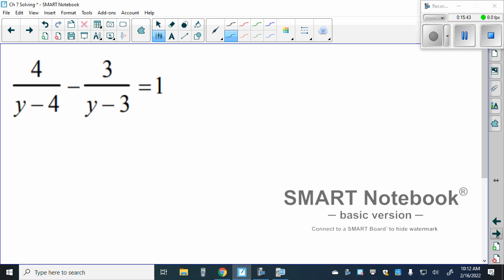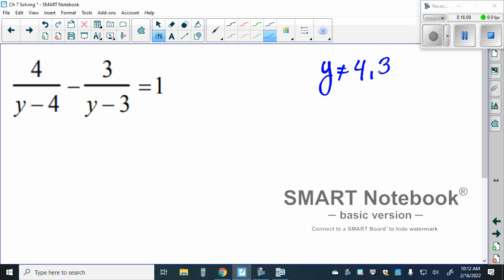And actually, surprise, surprise, it's a little different, but not by too much. Now, we need to find the restrictions. 4 and 3. Because 4 minus 4 in the first one would give us a denominator of 0. And the second one, 3 minus 3, would give us a denominator of 0. We can't have either one.